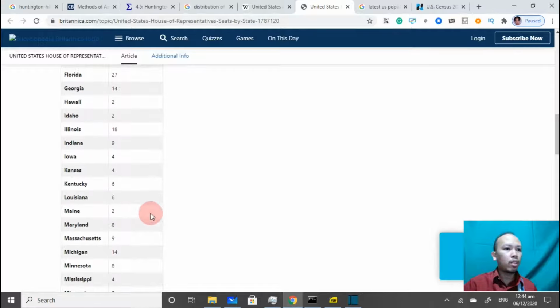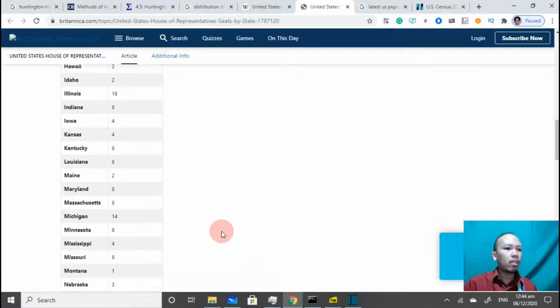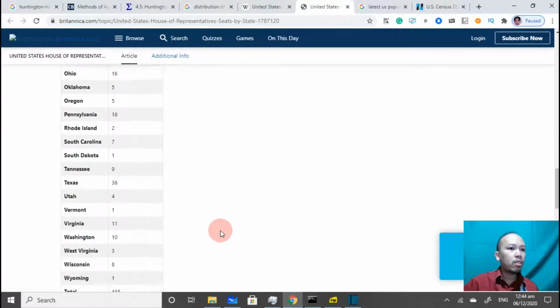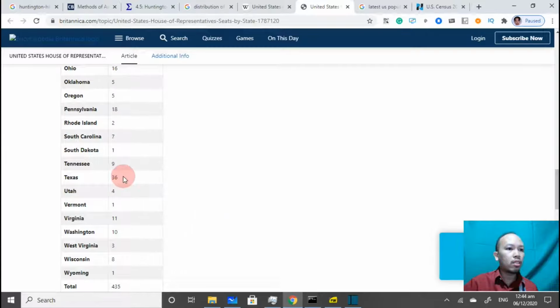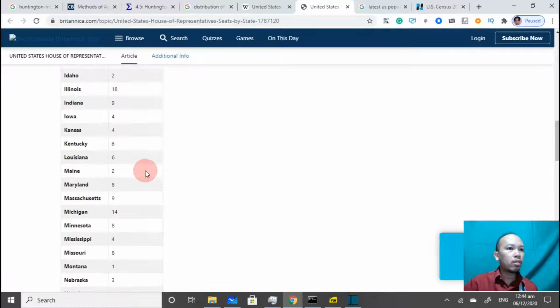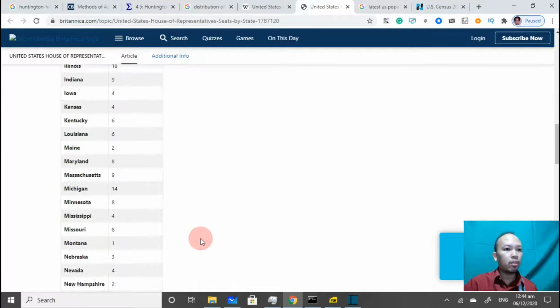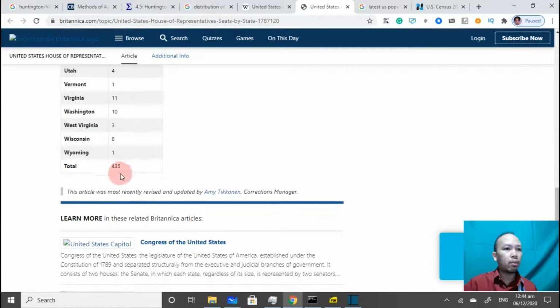I guess the biggest one is California. We have Texas here, 36. And Connecticut, we have 5 representatives. As you have noticed at the bottom, we have 435 representatives.